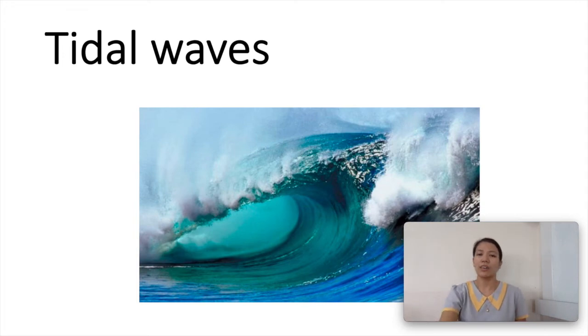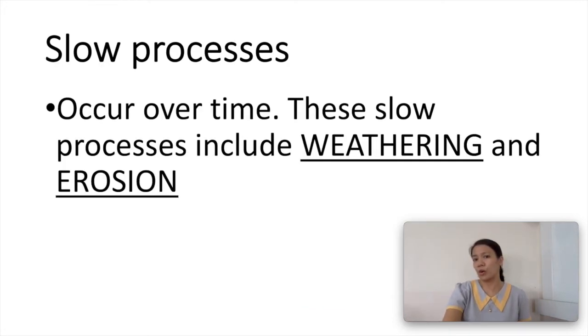Okay, now let's move to the processes that can change the Earth's surface. Here is the first, the slow processes. They occur over time. These slow processes include weathering and erosion.